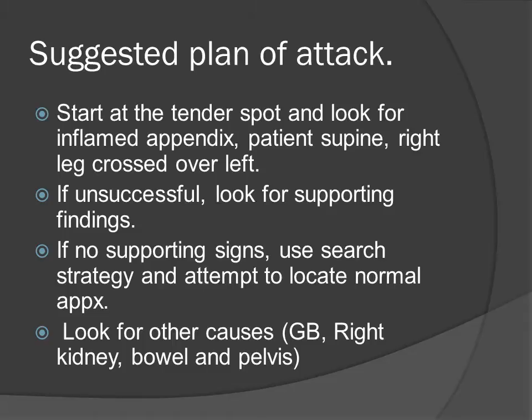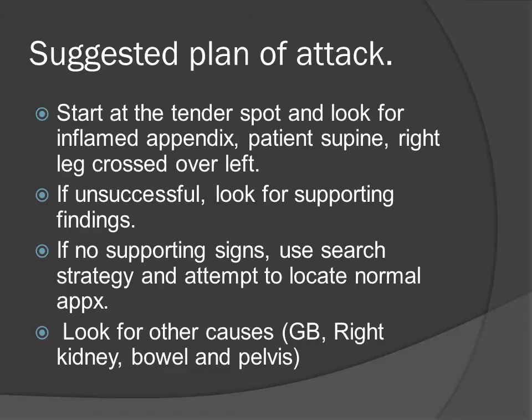We recommend the patient is supine, perhaps with the right leg crossed over the left. However, if the appendix doesn't immediately jump out at you, you should then look for supporting findings or signs of inflammation. These may in fact be more sensitive than finding an abnormal appendix. If there are no supporting signs, you then have to use some sort of search strategy and attempt to locate a normal appendix.